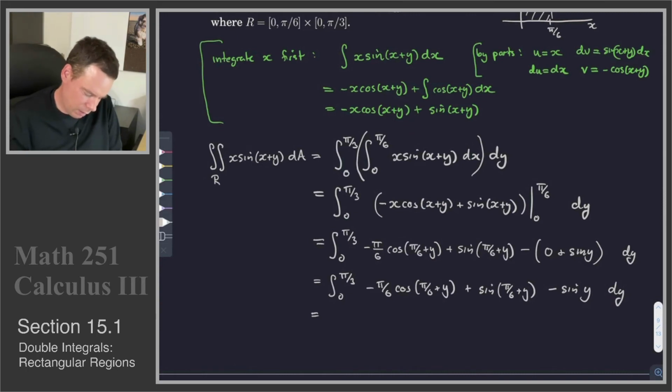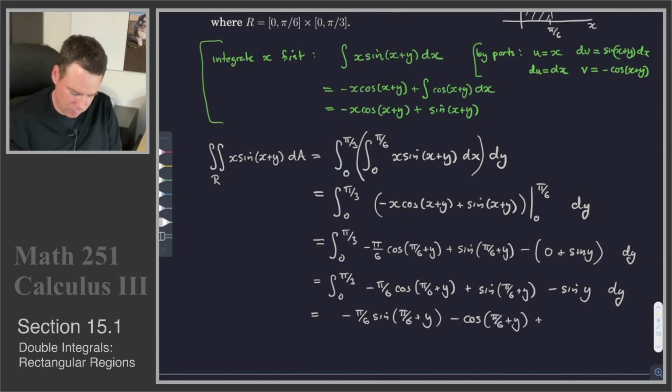The antiderivative of the negative cosine becomes a negative sine, so that's negative pi/6 sin(pi/6 + y). The antiderivative of sine is negative cos(pi/6 + y). The antiderivative of negative sine is plus cos y, and that's from 0 to pi/3.